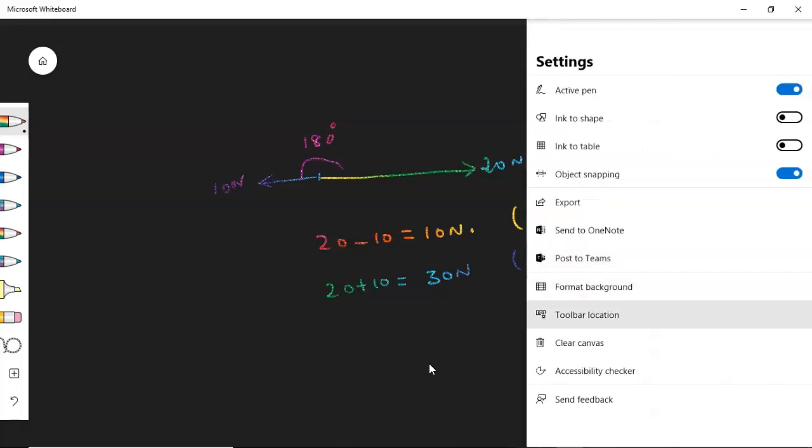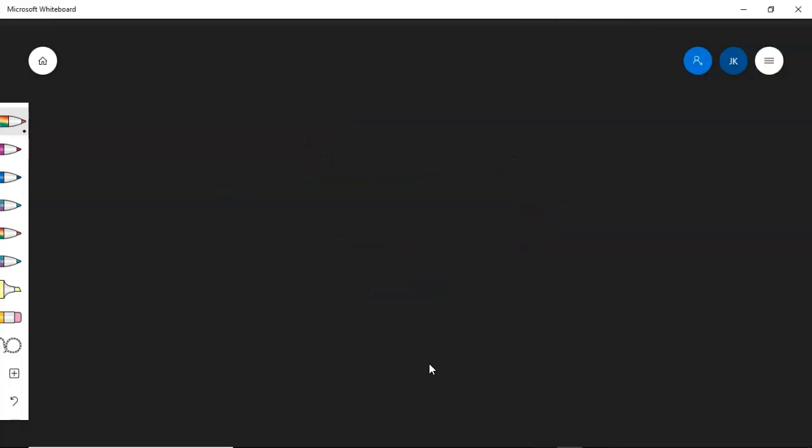So what do we understand? When the two forces are in the same line, they give you the maximum resultant. As the angle between the two vectors changes, the resultant force decreases. Before it was 20 plus 10, 30 Newton.